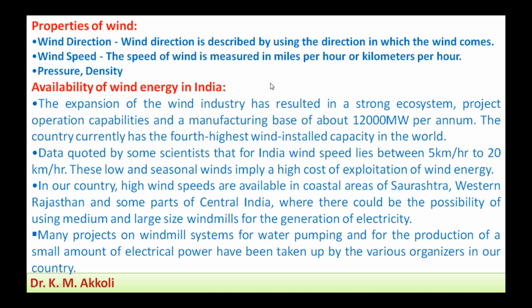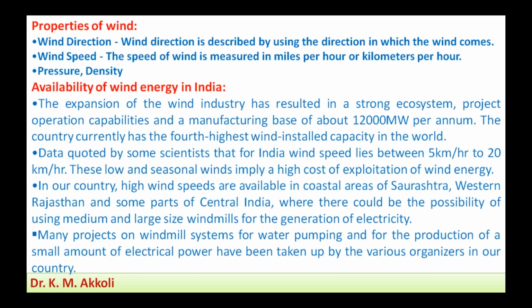The properties of wind mainly concerned with power conversion are those we have considered. Other than these, there are different other properties of the wind also. The first one is the wind direction. Wind direction is described by the direction from which the wind comes.